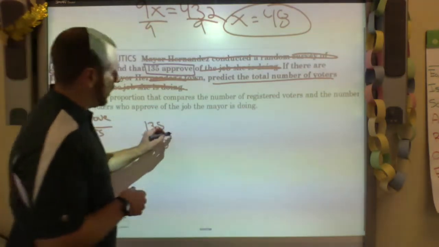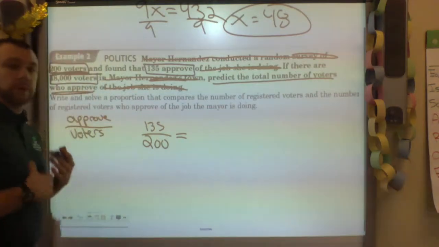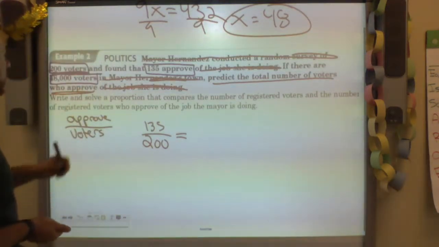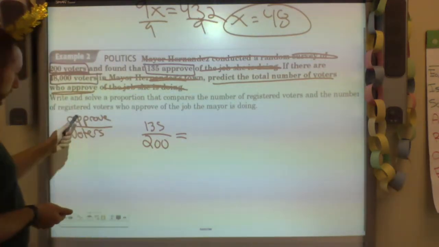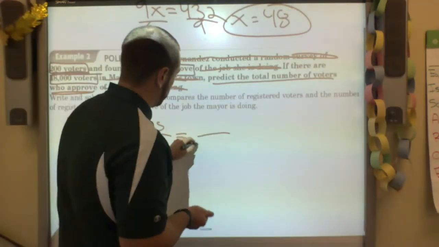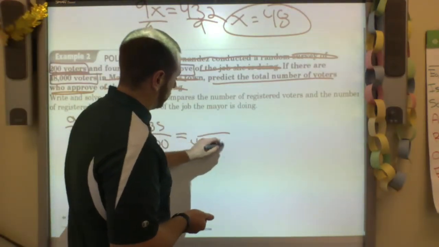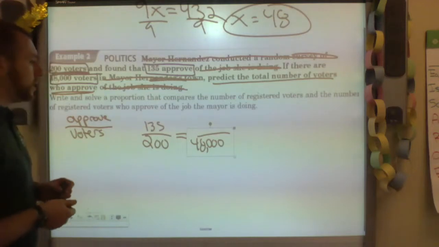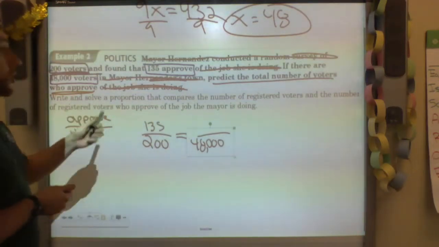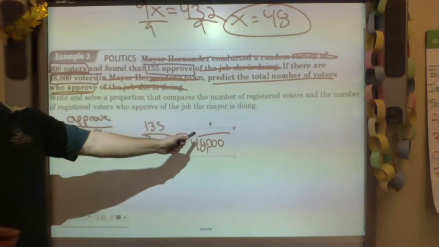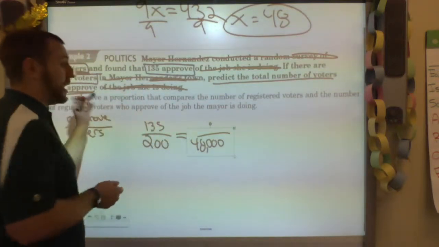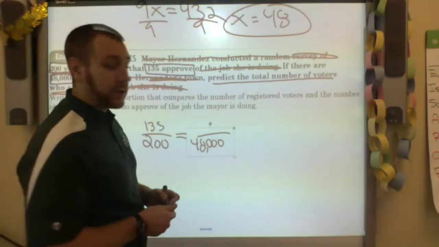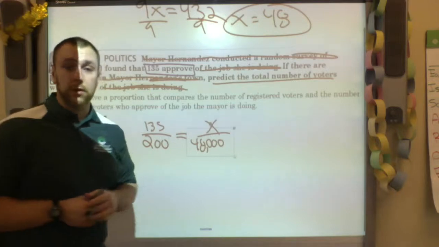Cool. Okay? That has to equal or be proportionate to 48,000 voters. Well, voters goes on bottom. Okay? Oh, I don't know how many approve out of that. That's what the question is asking. And if that's what the question is asking, that's where my x goes.